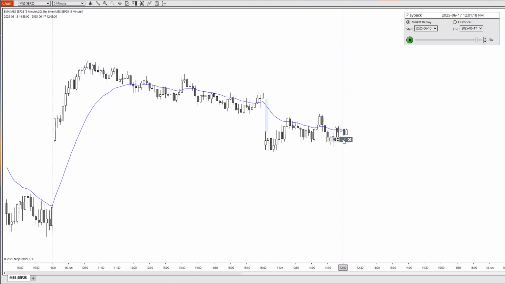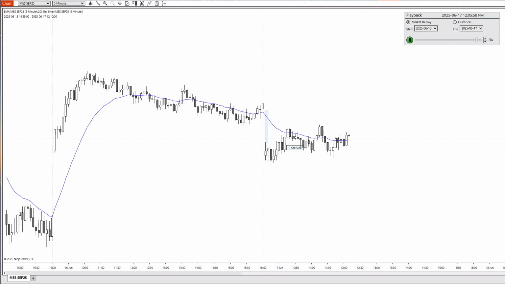Low 2 and hidden, so order submitted. Enough reason to get out. If it triggers. If it doesn't, cancel. Cancel. Order cancelled.